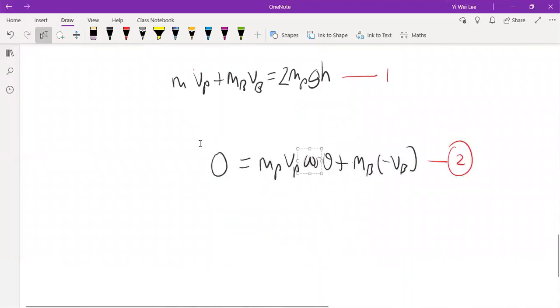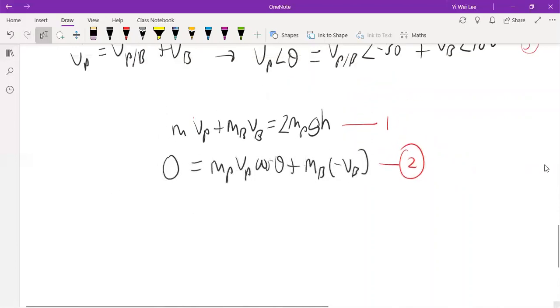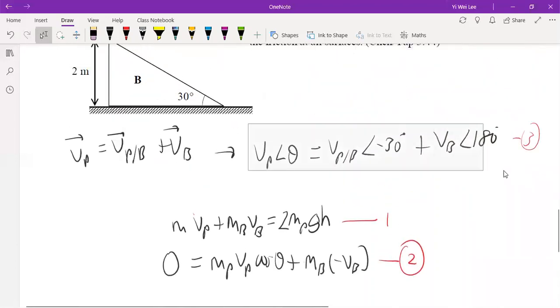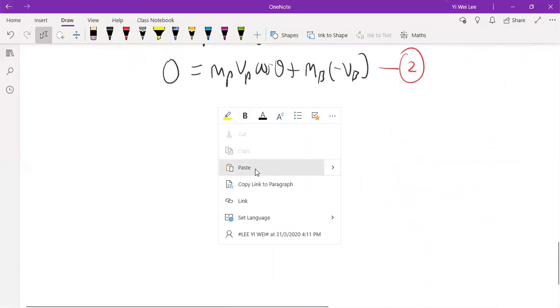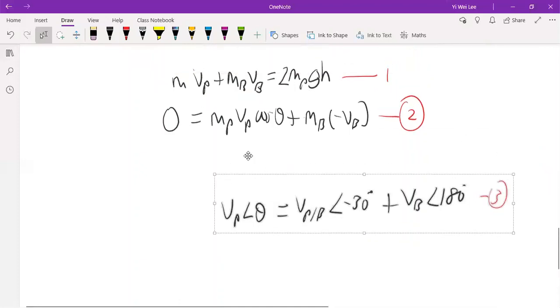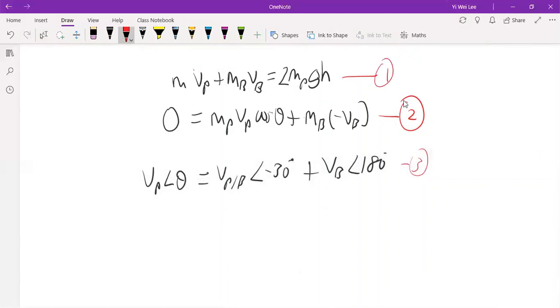This is my second equation, from what's called momentum equation analysis, which is conservation of horizontal momentum. And this is my third equation from my kinematic analysis. So basically, I have three equations: from conservation of energy, from conservation of horizontal momentum, and from the kinematic analysis.